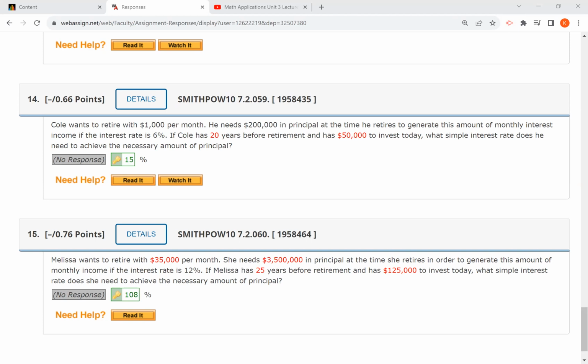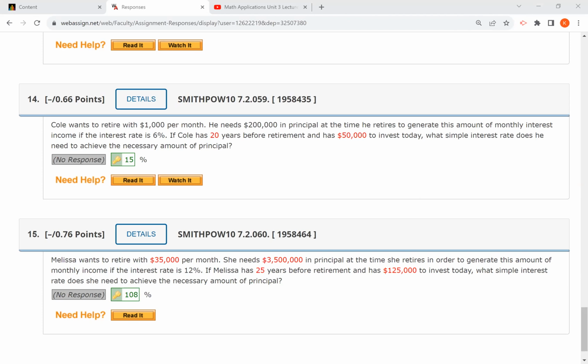What we do care about is that today he has $50,000 and he needs to make, in the next 20 years, the difference between the $200,000 that he'll have invested at that time, which they're now calling principal, and the $50,000 he has today. That difference tells us how much money he needs to make over the next 20 years to be able to invest a total of $200,000. So he would need to make $150,000 in the next 20 years off of that $50,000 investment.